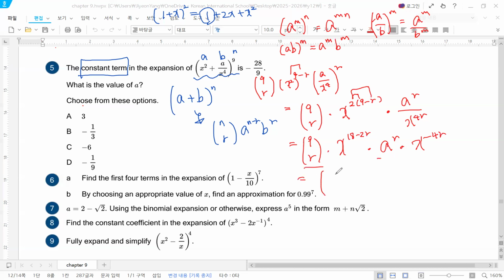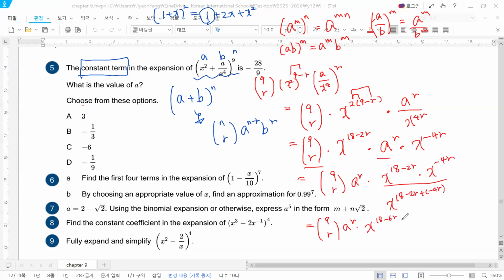Let's write down the number first: 9 choose r, and a to the power of r, and x to the power of 18 minus 2r times x to the power of negative 4r. Since it's multiplication, by using addition between powers, x to the power of 18 minus 2r plus negative 4r, therefore 9 choose r, a to the power of r, and x to the power of 18 minus 6r is the final version of the general term.